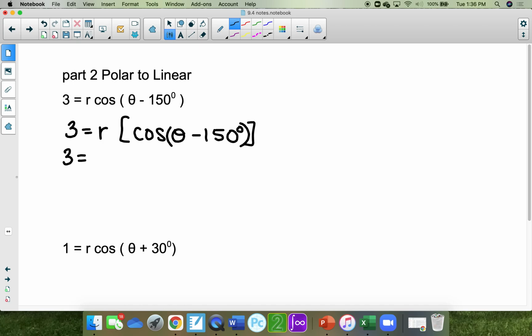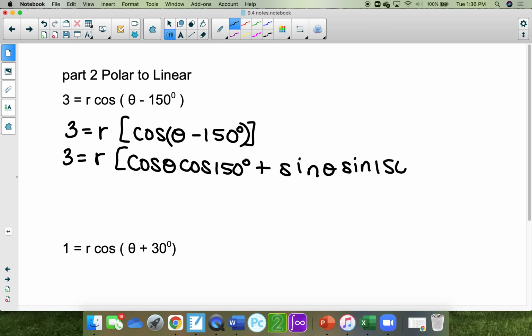So 3 is equal to r. It's going to be the cosine of theta, cosine of 150, minus, if this is a minus and this is a plus, sine of theta, sine of 150.